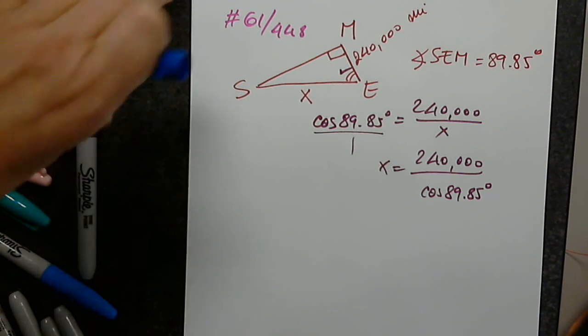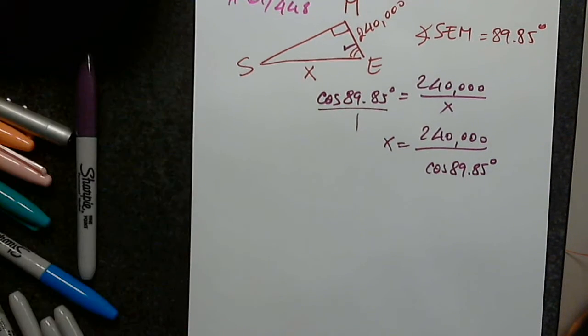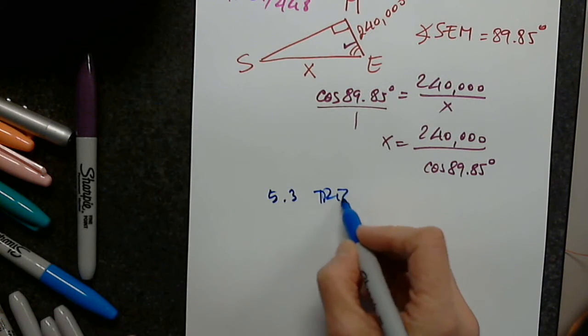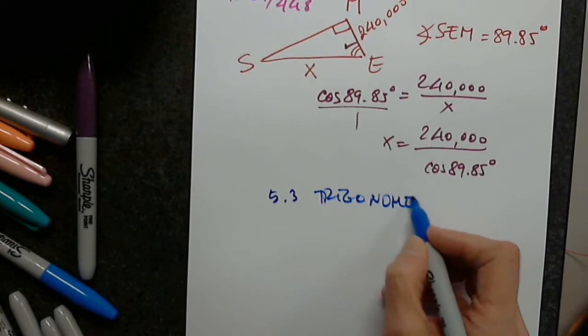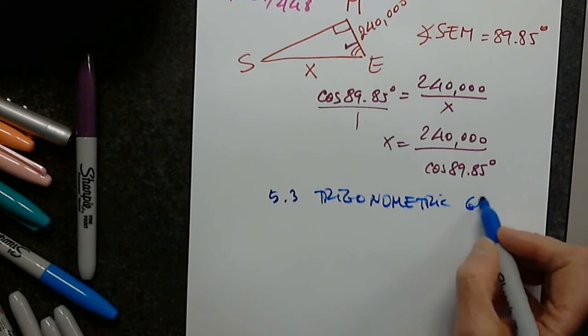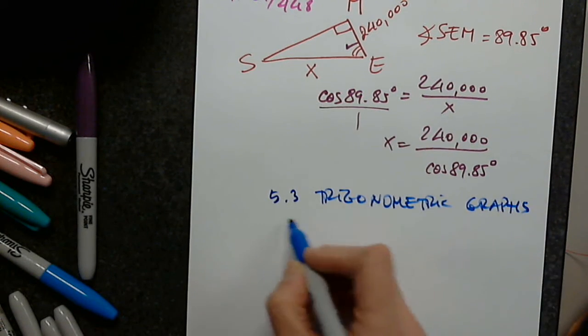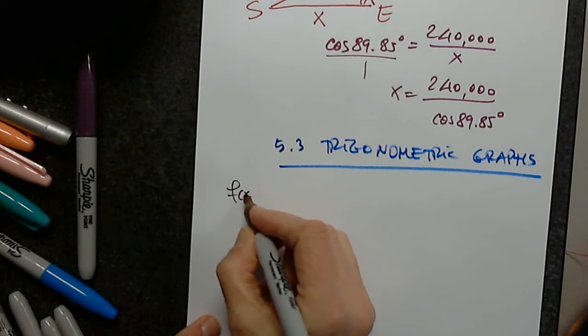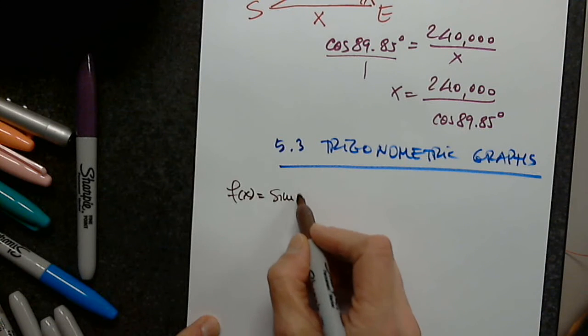Graph these functions, trig functions. So 5.3, trigonometric graphs. Of course, we start with the basic ones, sine and cosine. Here's f of x, sine x.